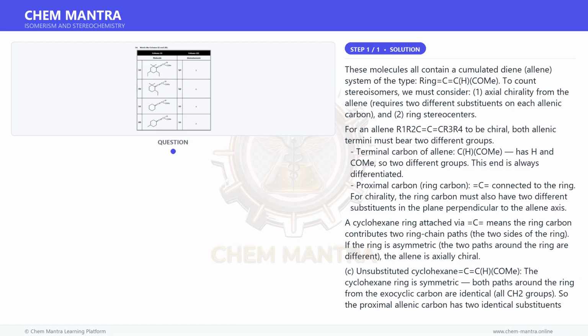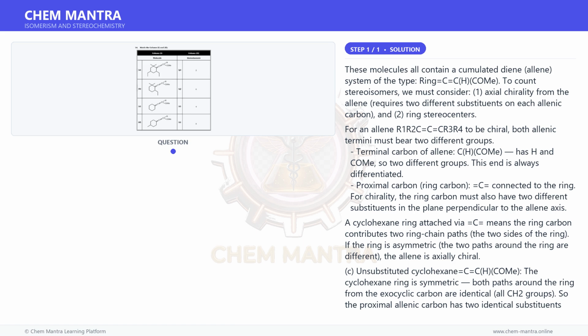In a flexible cyclohexane, C4 has CH3, H, CH2 to C1 via C3, C2, and CH2 to C1 via C5, C6, with the same path length and same substitution, so C4 is not a stereocenter by constitution.